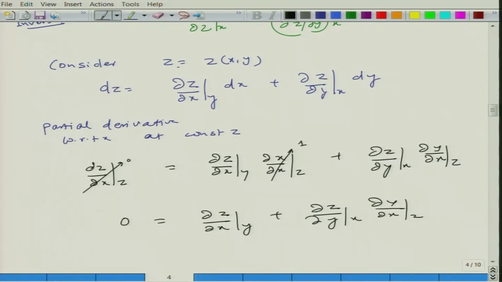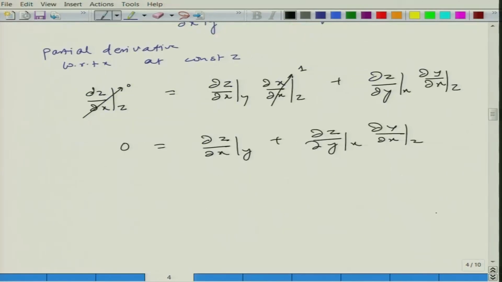So, now what you can do is rearrange. If you take this thing to the left hand side, it becomes minus. Then if you use the inverse rule, one can get this expression as minus 1. If you take this and bring it here, it is going to be del x by del z at y, that is the inverse of this, multiplied by these terms.